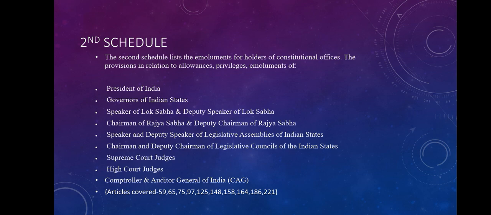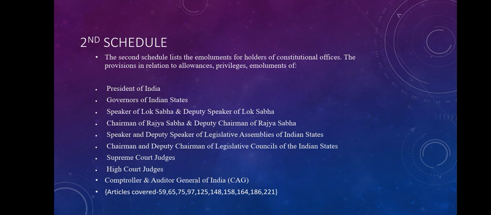The provisions relate to allowances, privileges and emoluments of the President of India, Governors of Indian states, Speaker and Deputy Speaker of Lok Sabha, Chairman and Deputy Chairman of Rajya Sabha, Speaker and Deputy Speaker of Legislative Assemblies of Indian states, Chairman and Deputy Chairman of Legislative Councils of the Indian states, Supreme Court judges, High Court judges, and the Comptroller and Auditor General of India, known as CAG. The second schedule is covered under articles 59, 65, 75, 97, 125, 148, 158, 164, 186 and 221.